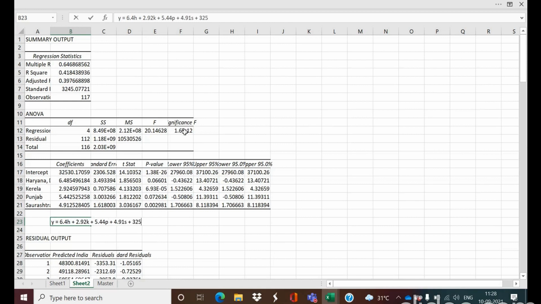What does it show you? You can predict the rainfall of India by just finding what is the rainfall in Haryana, Kerala, Punjab and Saurashtra, which are H, K, P and S. Plug in those values and you will find the overall rainfall in India.